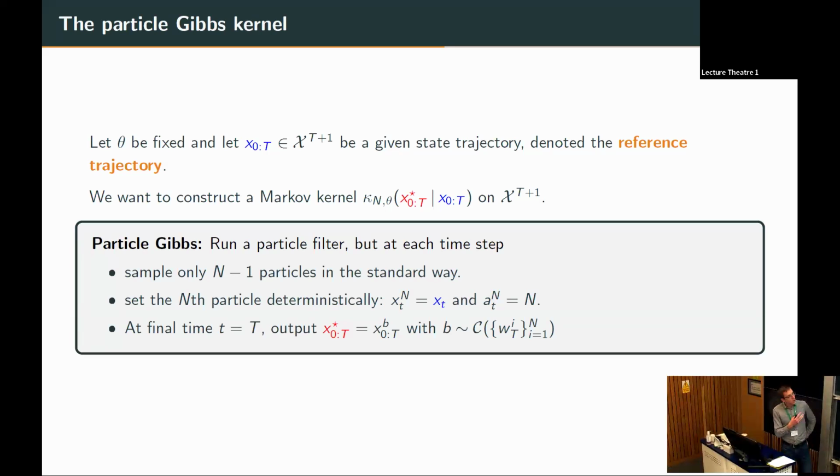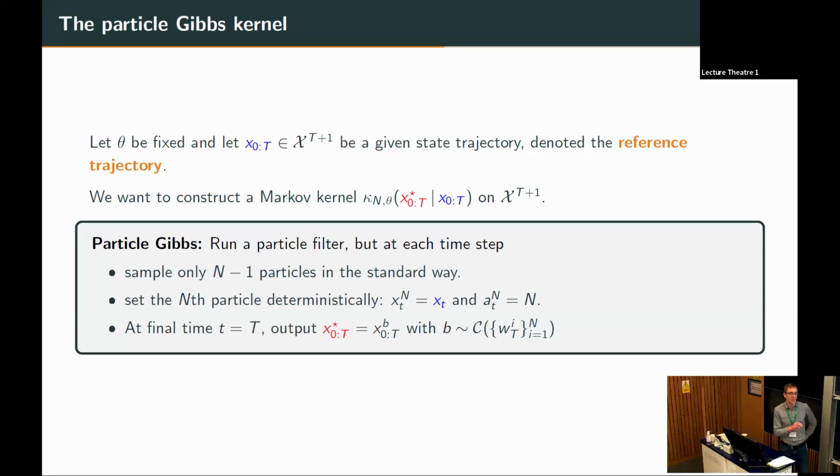Then we have this conditioning procedure as in the conditional importance sampling kernel. At each iteration of the particle filter, at each time step, we only sample n-1 particles in the standard way by simulating from their proposal. The nth particle is set deterministically according to the reference. So I set x_t^n, the nth particle, equal to x_t, the blue input. And its ancestor index is set equal to n, which means that I essentially keep this reference trajectory intact.